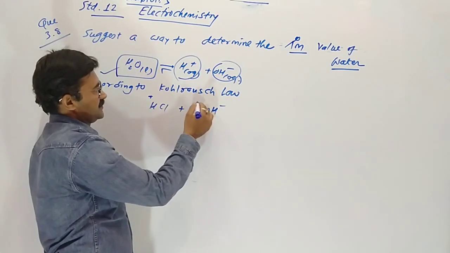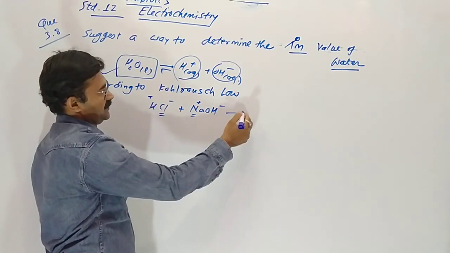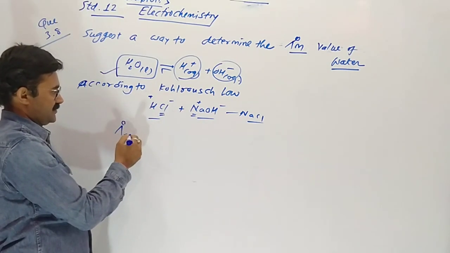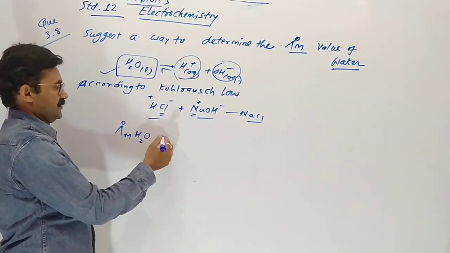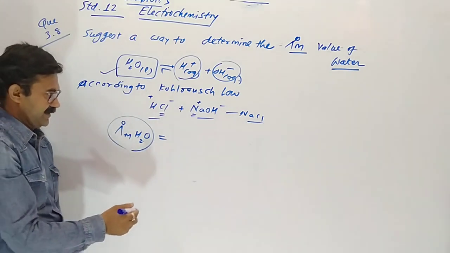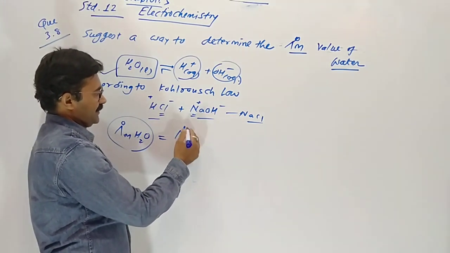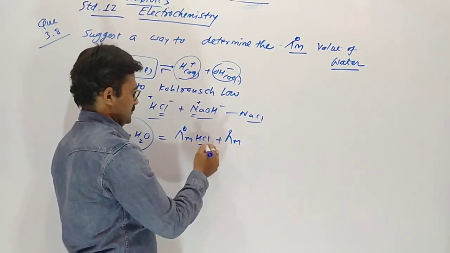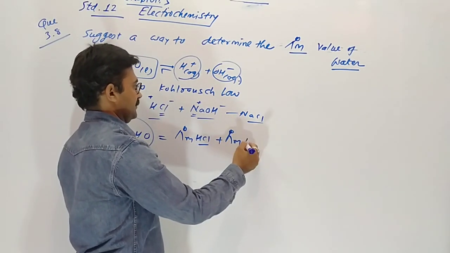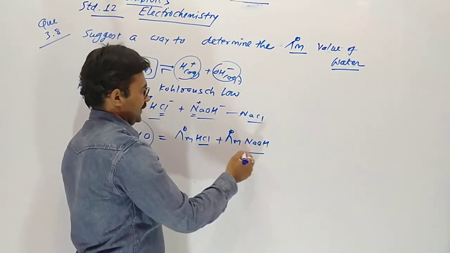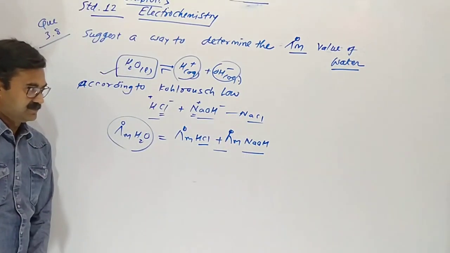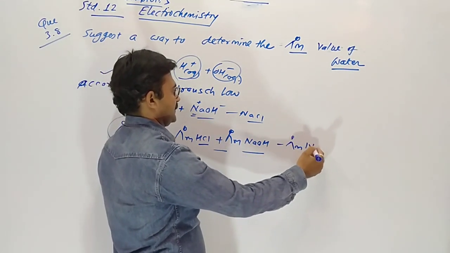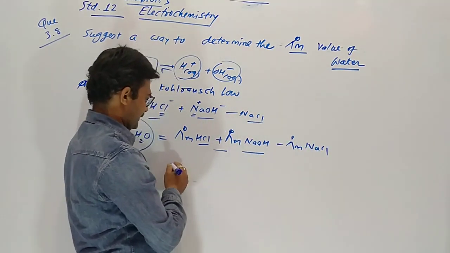Here which one is in excess, sodium and chlorine? We have to subtract. So we get the infinite molar conductivity of H2O by addition of the infinite dilution molar conductivity of HCl and of NaOH, and we subtract NaCl from that.